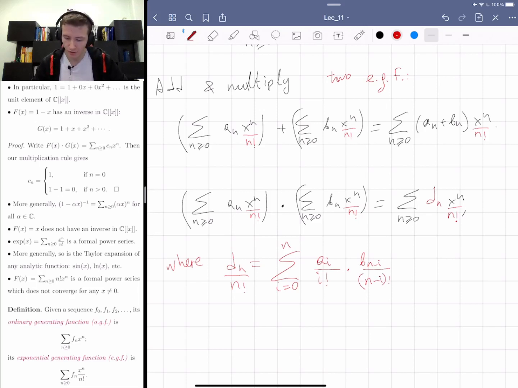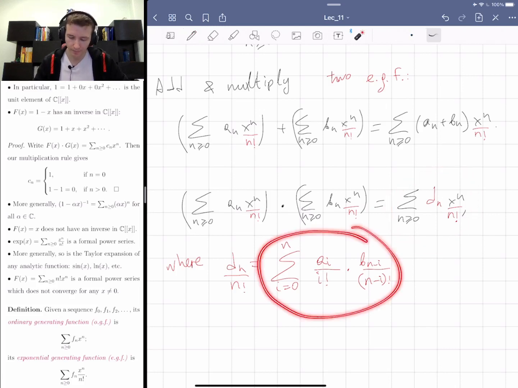That's just by definition, how the product of two formal power series is given.